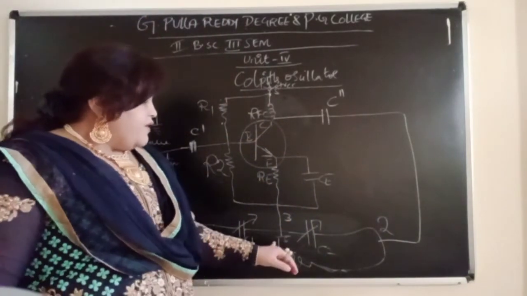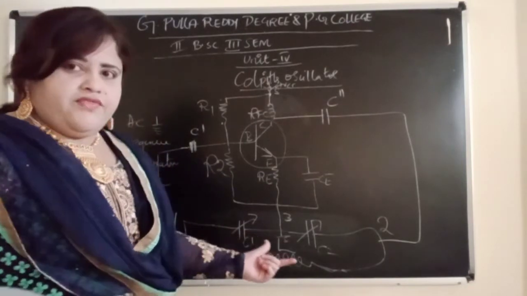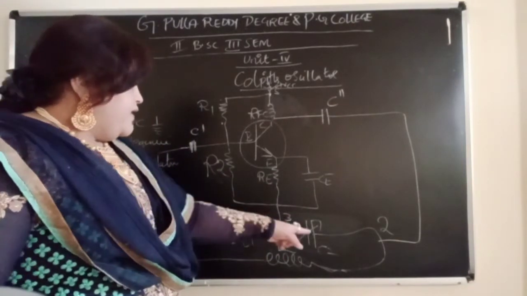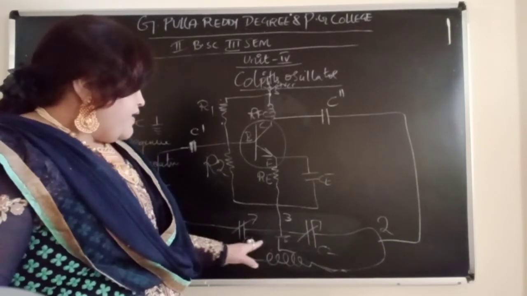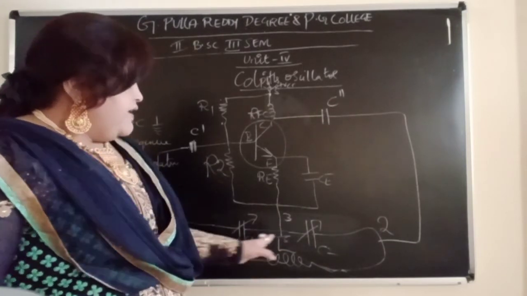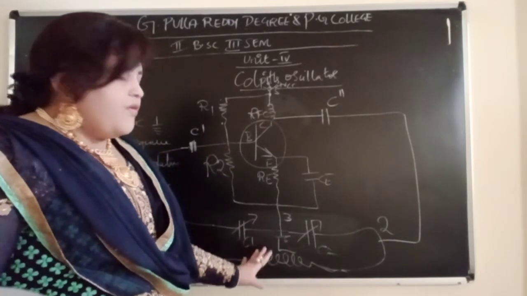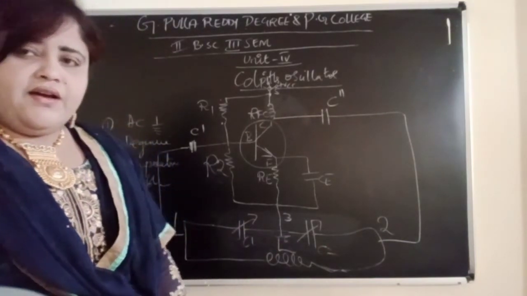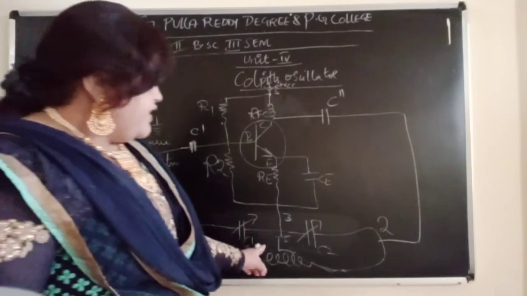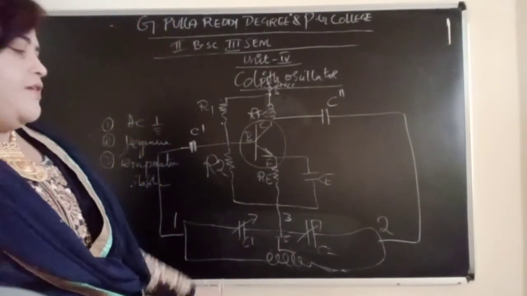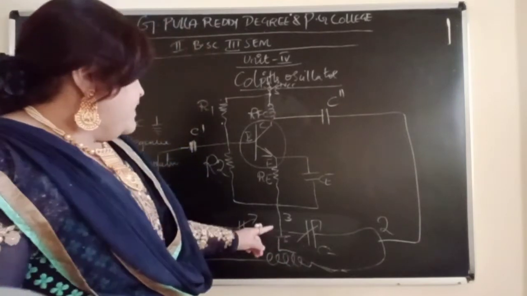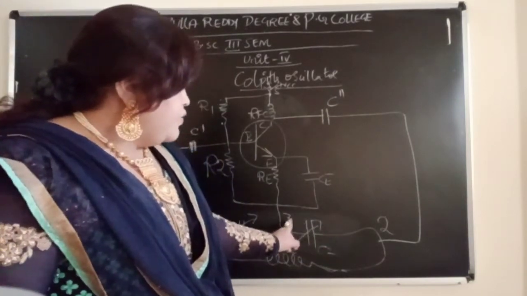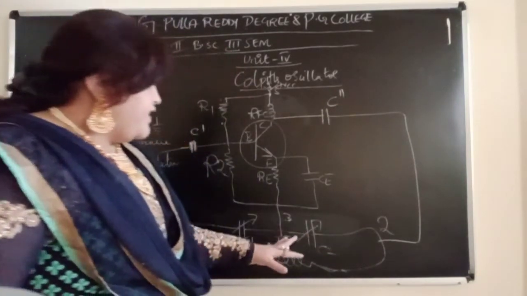Here the feedback network is 180 degrees out of phase, because in between these two, this is grounded. So what will happen? It will provide only 180 degrees of phase shift. Here, terminals 1 and 3 and 2 and 3 are 180 degrees out of phase.